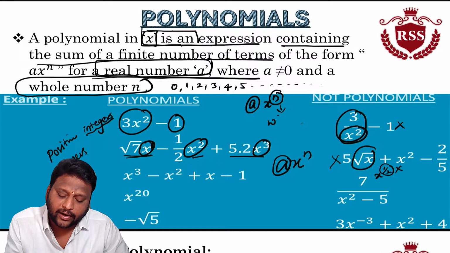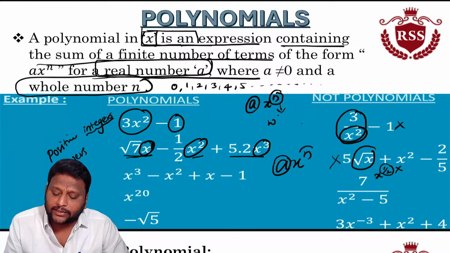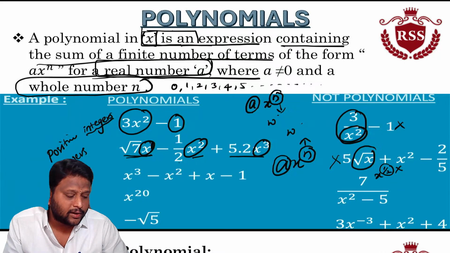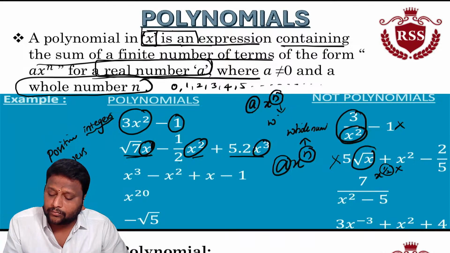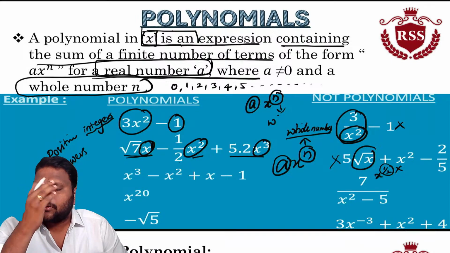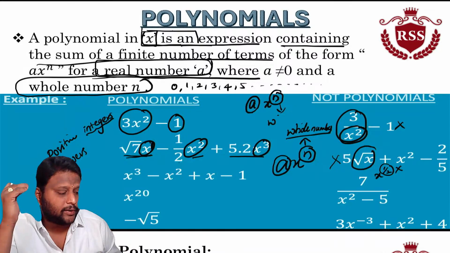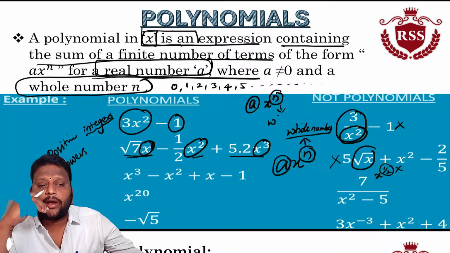And n is a whole number. Whole numbers start from where? From 0 to infinity. 0, 1, 2, 3. Okay, got it or not?